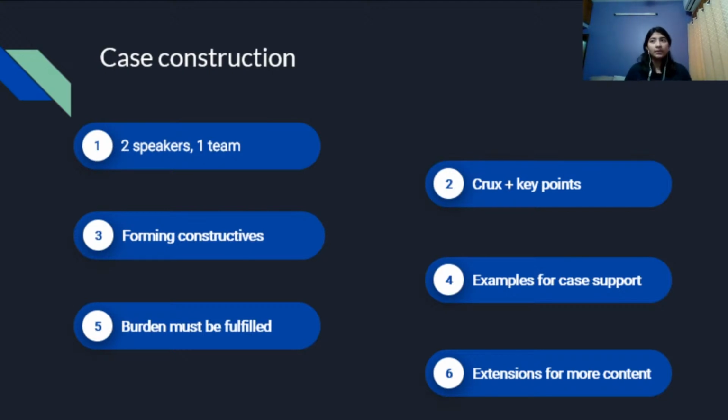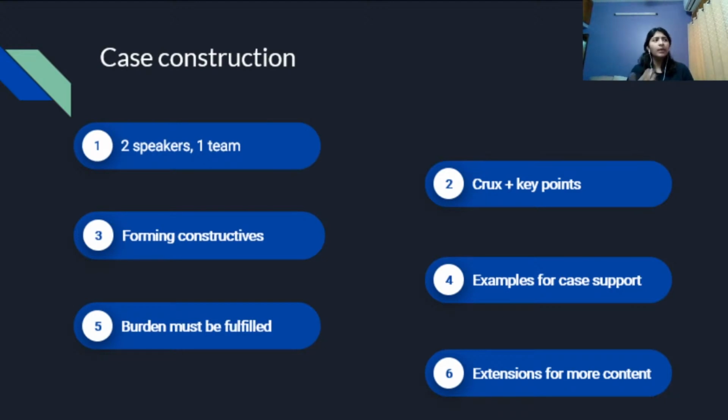What do you do in situations like this? You use extensions, because sometimes the opening government or opening opposition cannot necessarily analyze completely all of their points. So as the closing half, you can take up those points and completely analyze them. That is one type of extension.